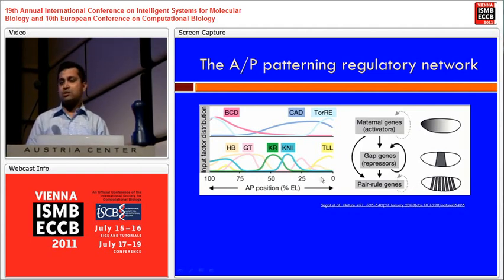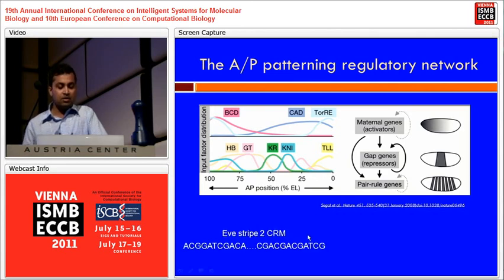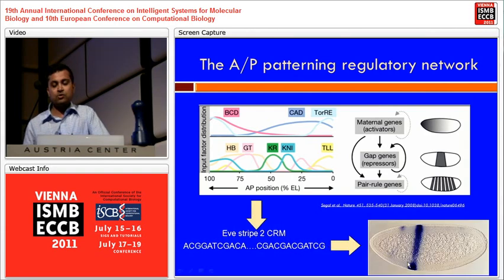And so what's not understood very well is how exactly that combinatorial regulation is happening. And what we'd like to do is, given all this information about the transcription factor concentration profiles and the sequence of a particular CRM, predict the function. So this is the problem at hand.